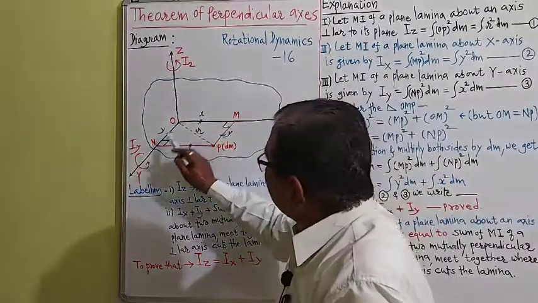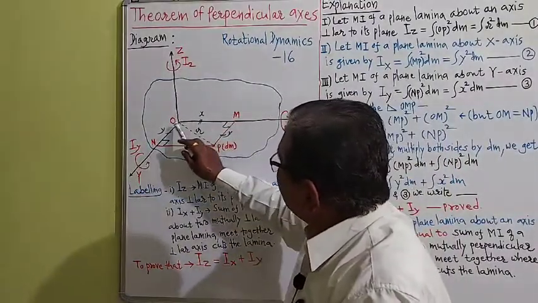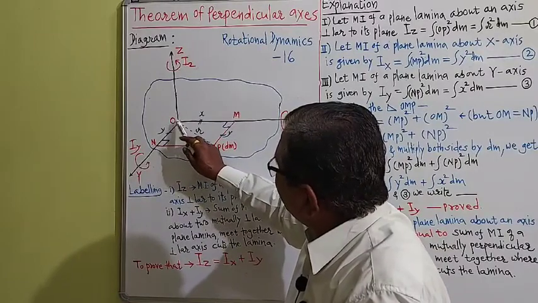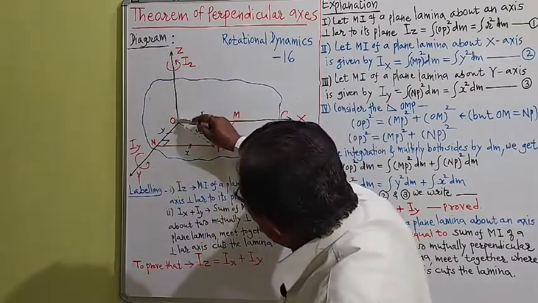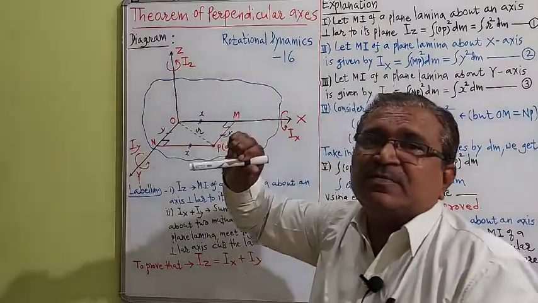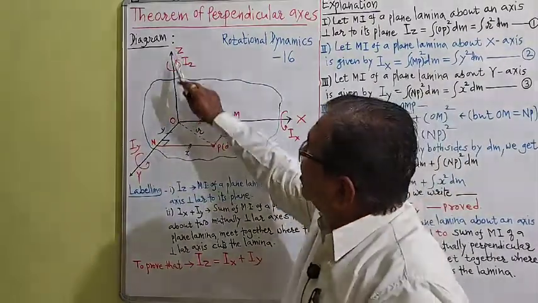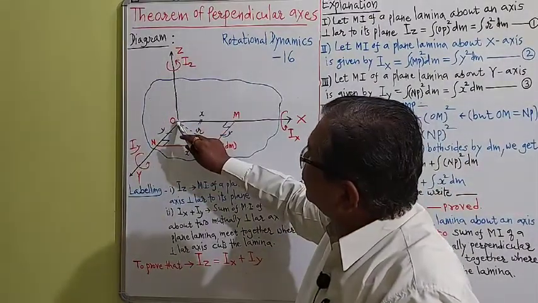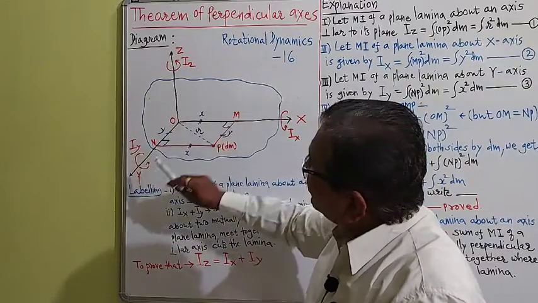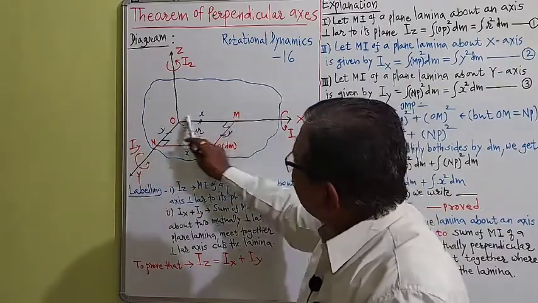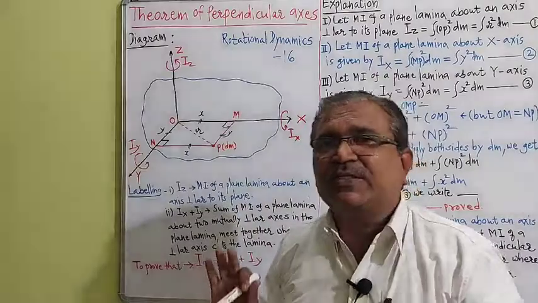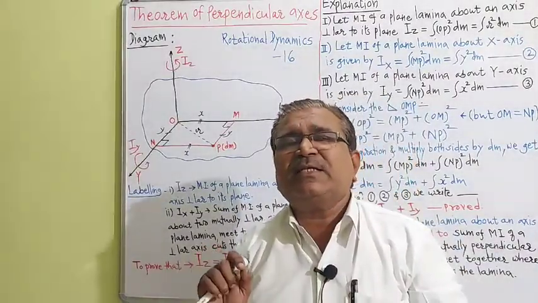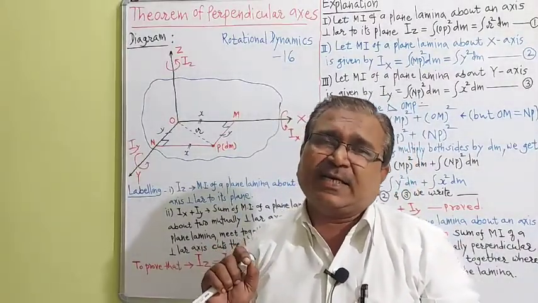The x-axis and y-axis meet together at point O, where the perpendicular axis cuts the lamina. At that position, the x and y axes meet together. This is the simplest explanation of this diagram.